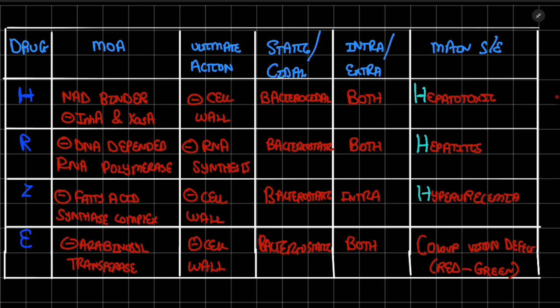And the intra or extracellular status, only pyrazinamide is intracellularly acting, rest all are acting on both aspects. And for the main side effect, the first three start with H and last is color vision defect. So this is the summary table.